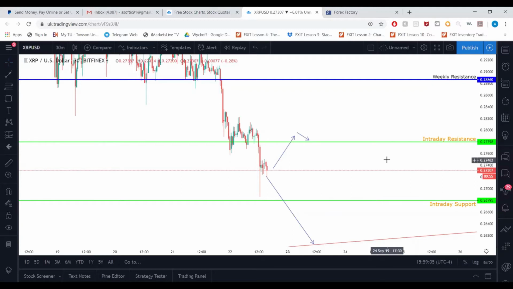Obviously positive news will lead a lot of people, probably institutions, to decide to buy it, negative to short it.